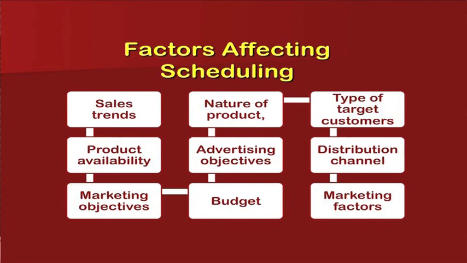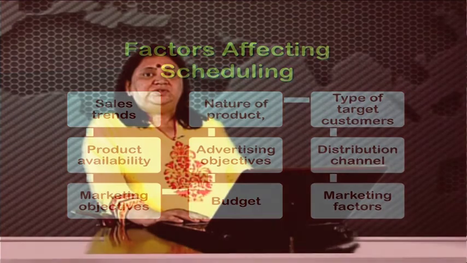Scheduling of advertisements for various companies depends on the budgets of the company, the nature of the product and the services, the maturity of the audiences, who the target market is, the power of the distribution channel, what the advertisement wants to create for the audiences, that is the objectives of the ad itself, and also the marketing objectives of the company.